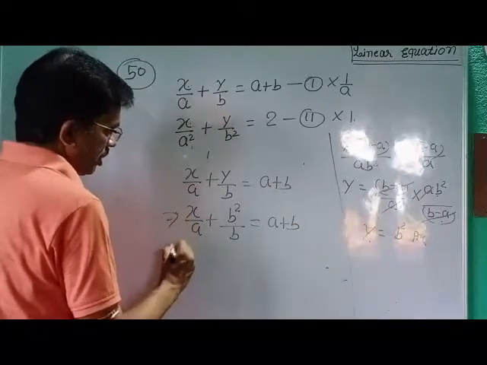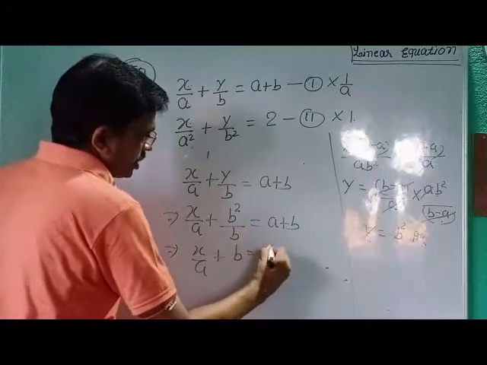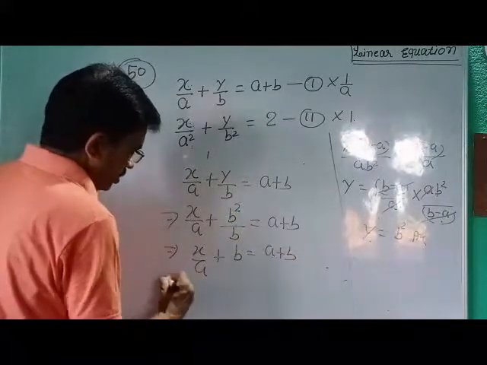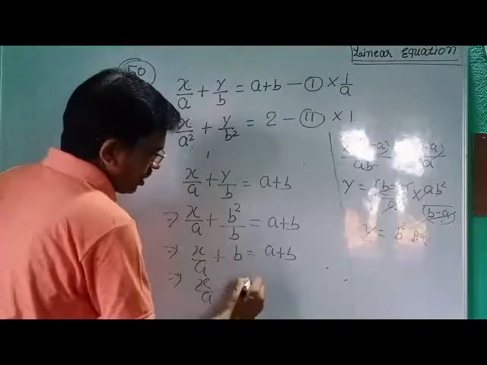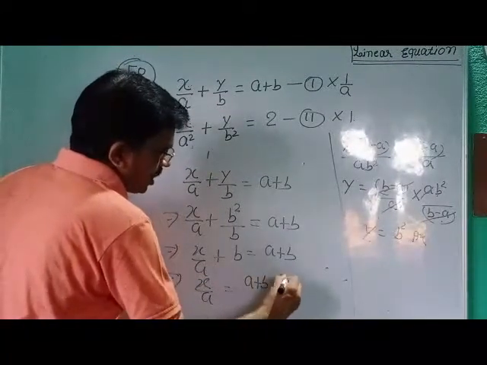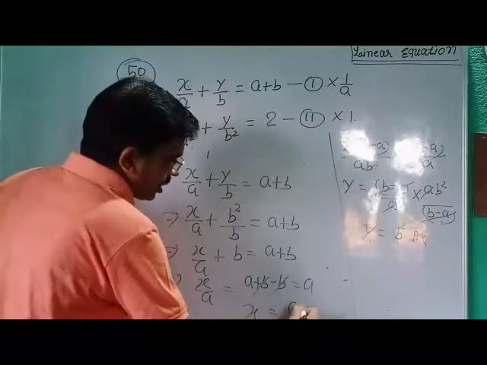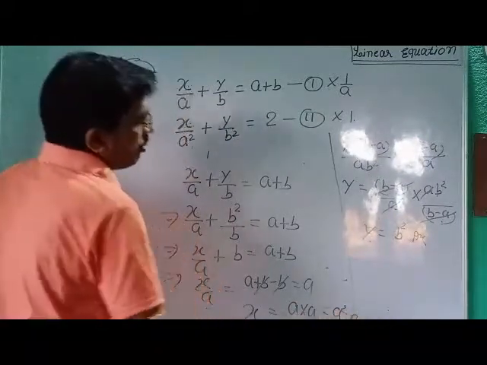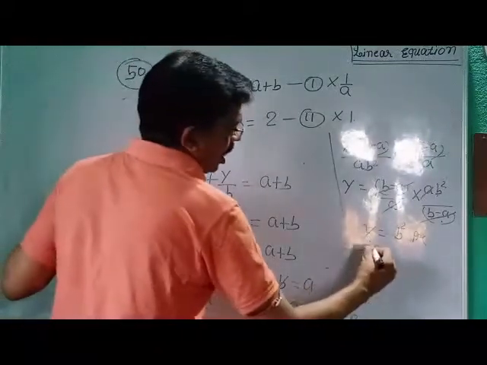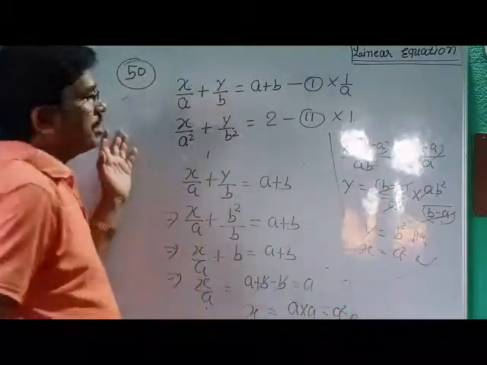Here is x/a + b = a + b. So what is the value of x/a? It is a + b - b, cancel, that is a. So what is x? a into a, that is a². So the value of x is a² and the value of y is b². It is the solution of equation 15.